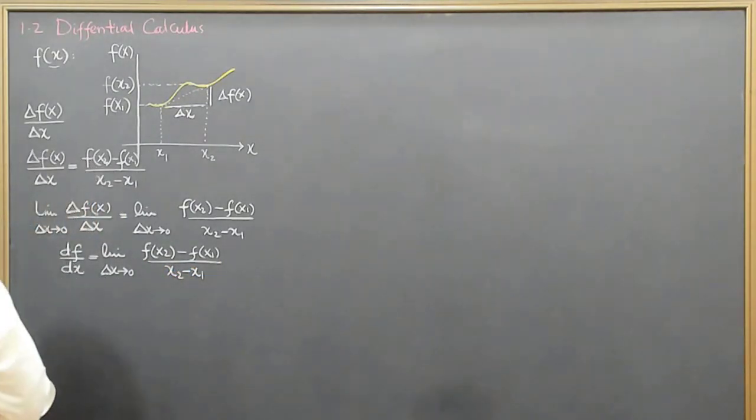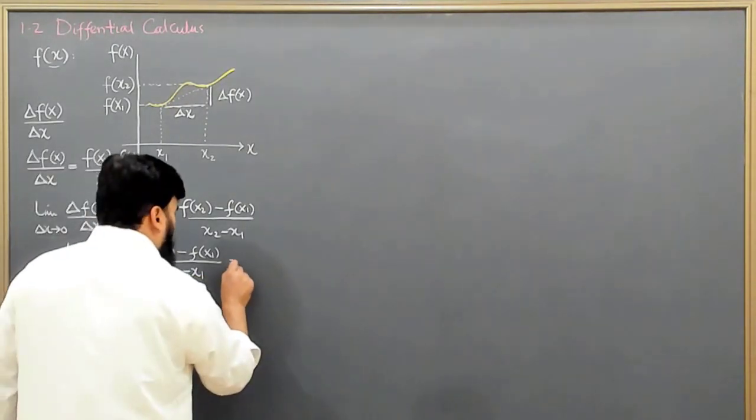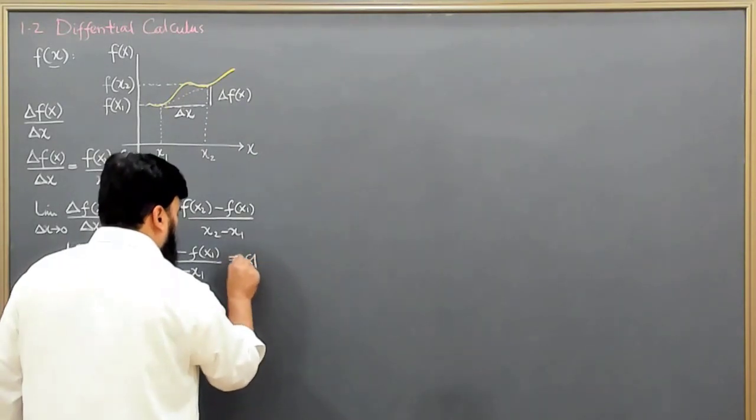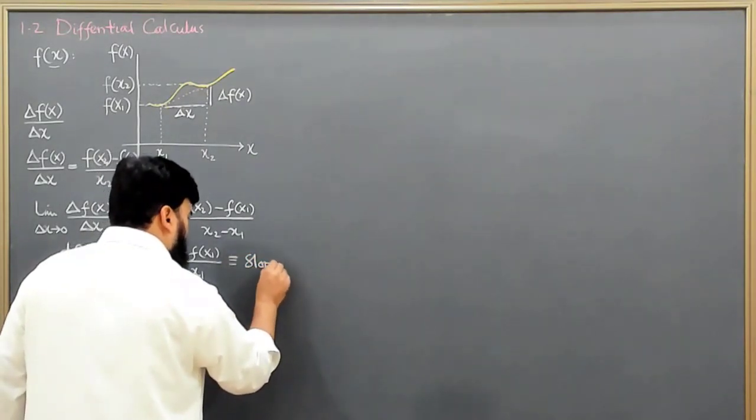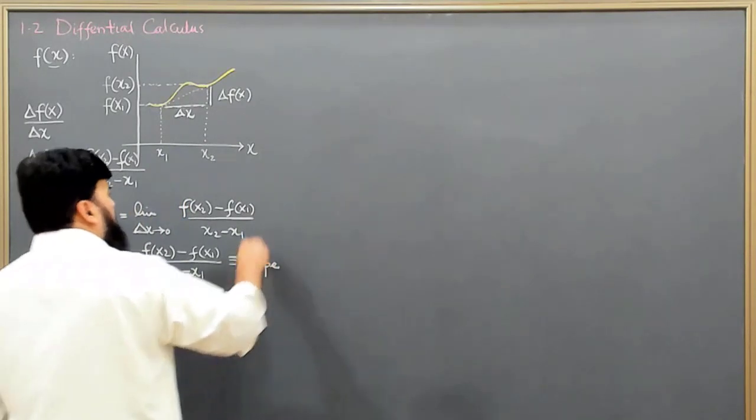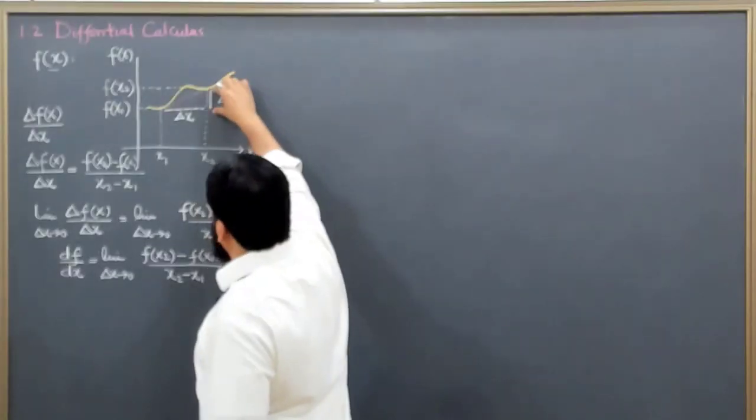This I call the differential, the derivative of this function, and we define this as the slope of a function. This gives the slope of a function, because slope is the rise over the run.